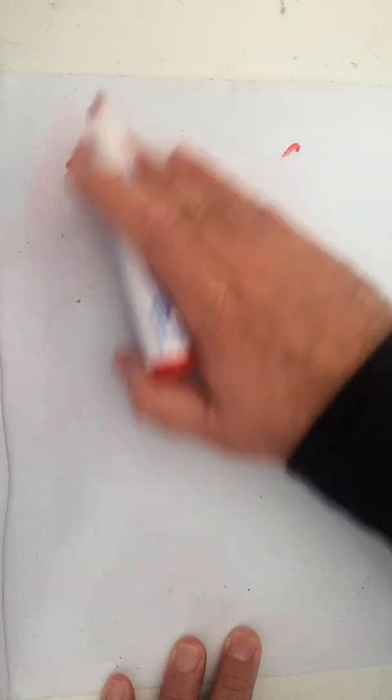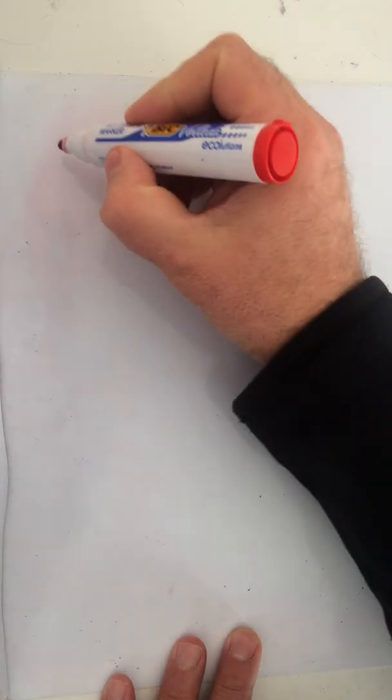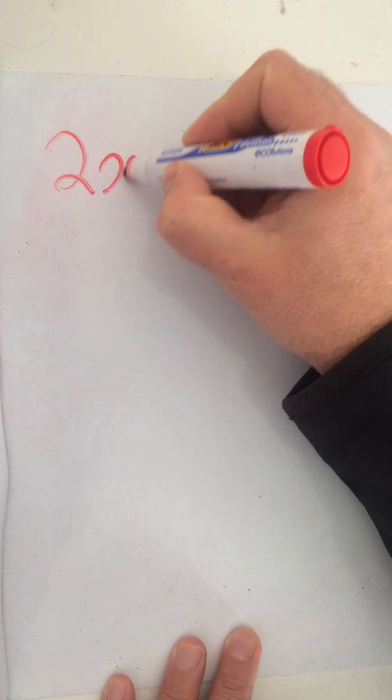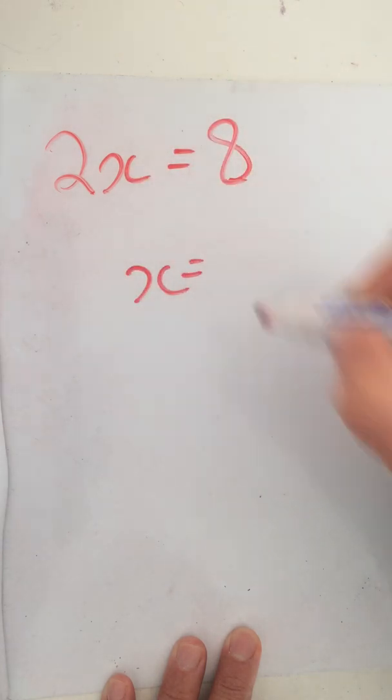Now, in a lot of the work we're doing today, you will be able to work it out in your heads without doing the method I'm going to show you, but you must learn this method. Let's do one more example. If we've got 2x equals 8, what is the value of x?